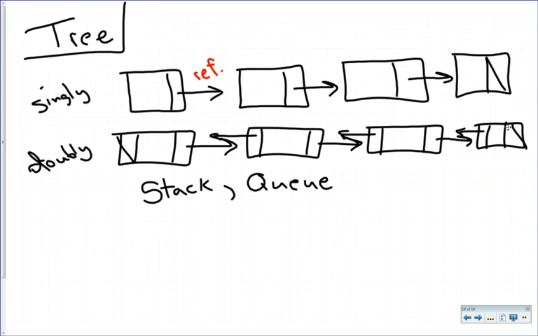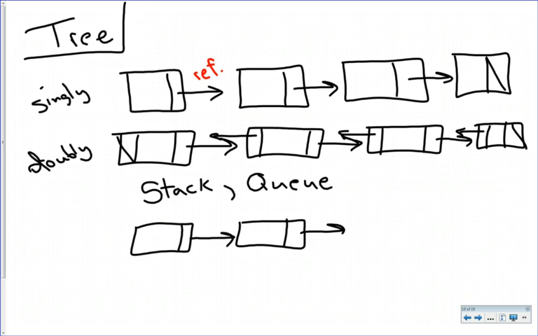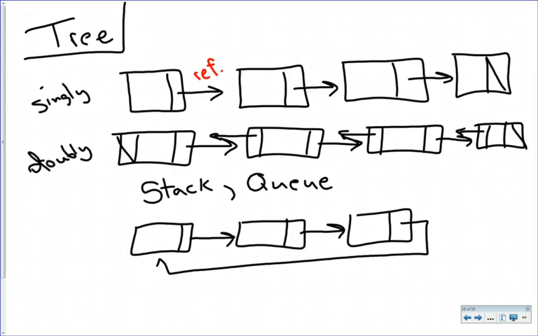We also talked in theory about these lists that could also be singly linked back to the beginning instead of linking to null. And this was called a circular list. Actually, it's a circular singly linked list.